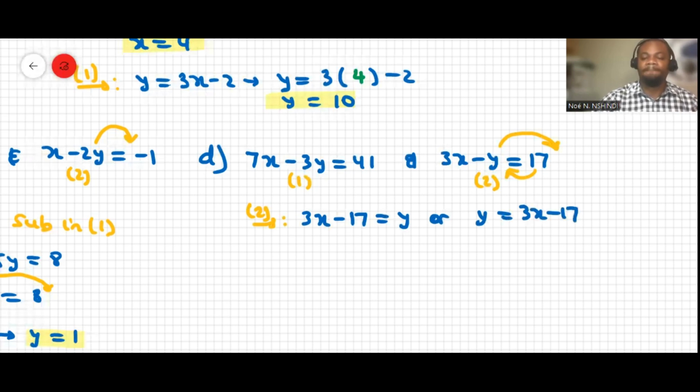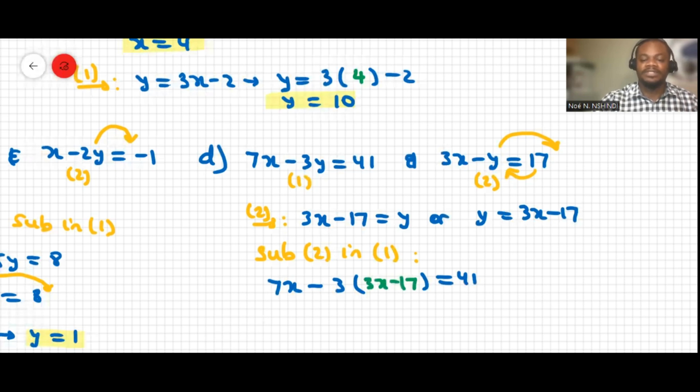Now, from here, I can sub 2 in 1. And then this will become 7x minus 3y equal to 41. I sub in the value of y, which is 3x minus 17.